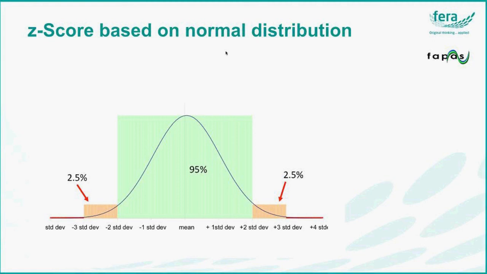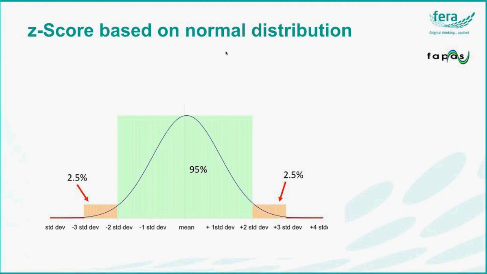But what it means in practice is that within 2 standard deviations of a mean value, the area under a normal distribution is about 95%. Another way of looking at this is that the area outside of 2 standard deviations is about a total of 5%, 2.5% either side.